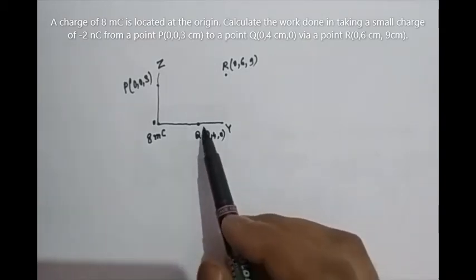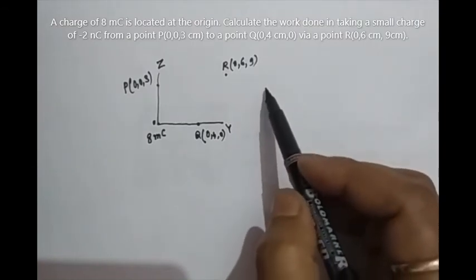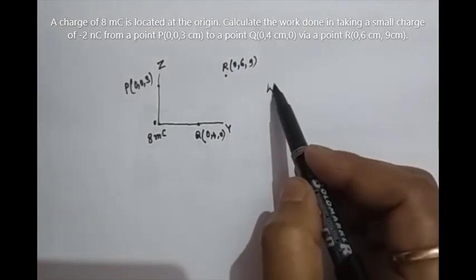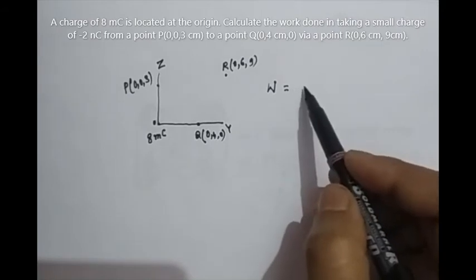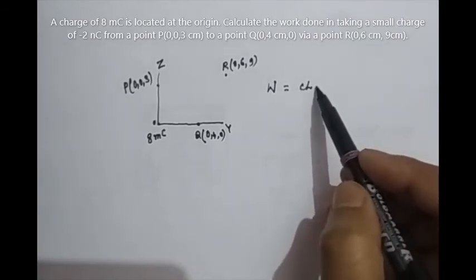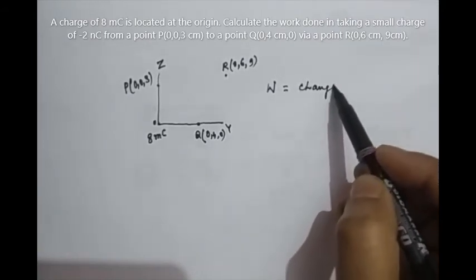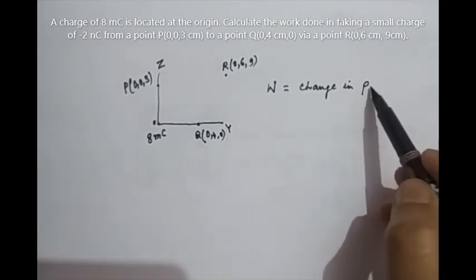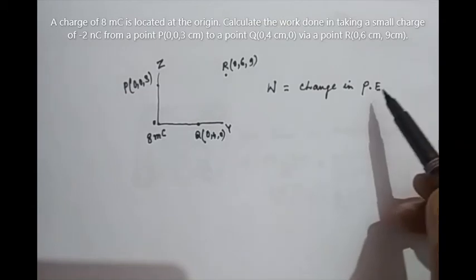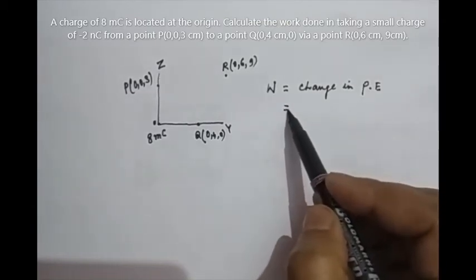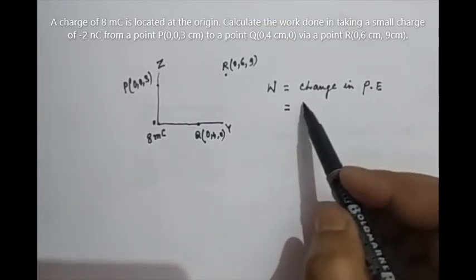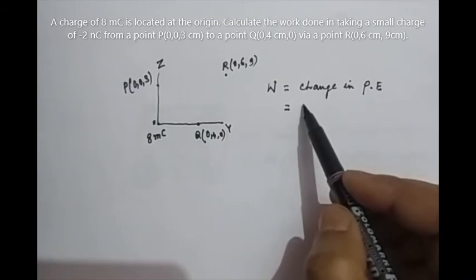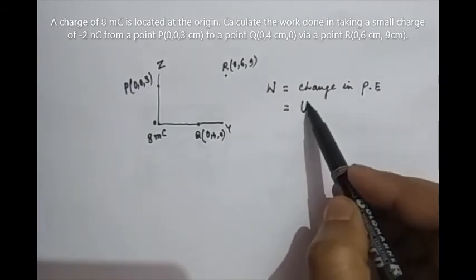So work done is equal to change in electric potential energy. Change in electric potential energy can be denoted as ΔU.